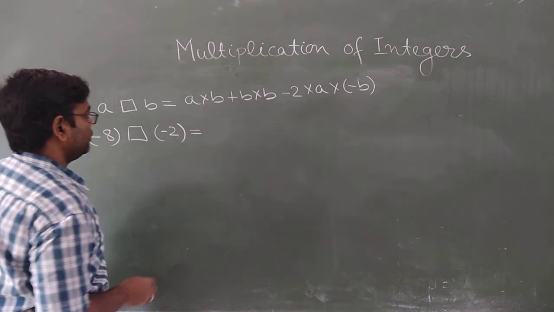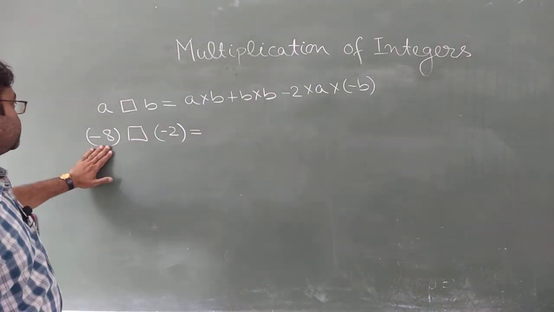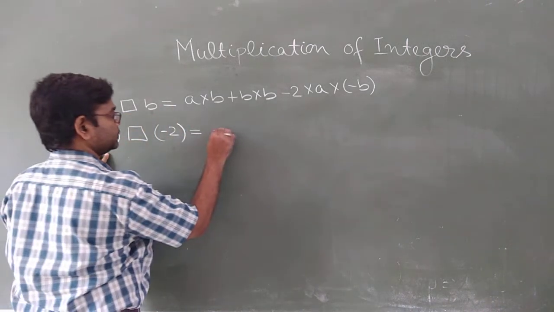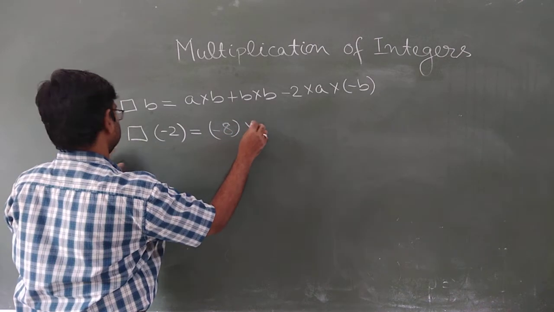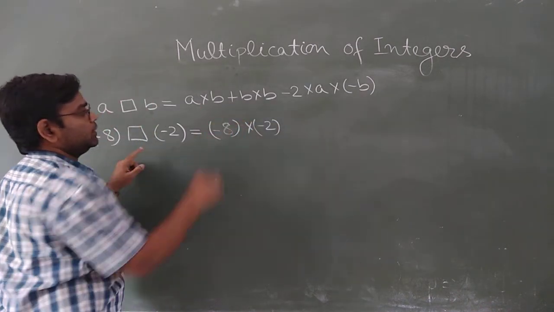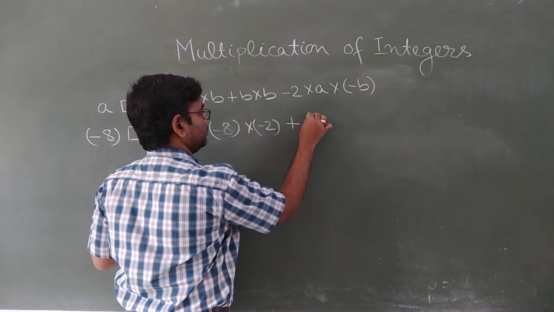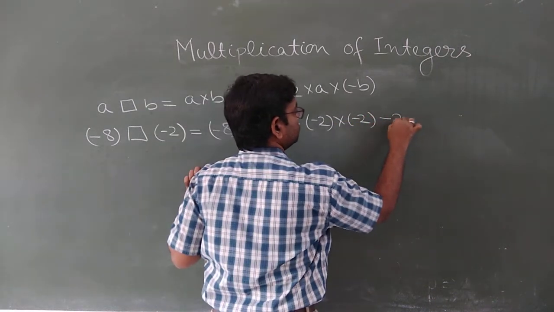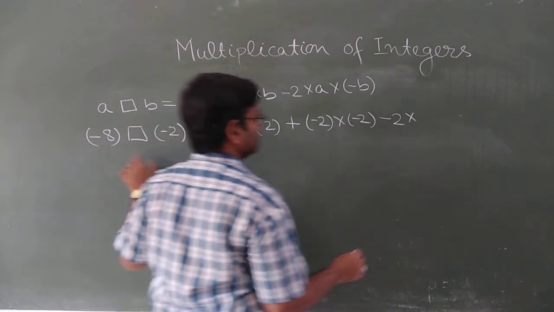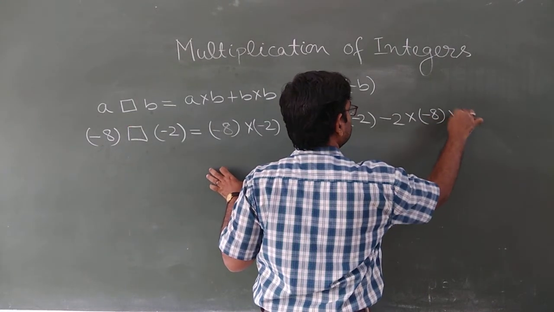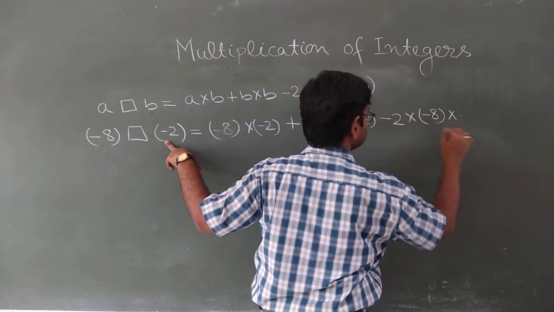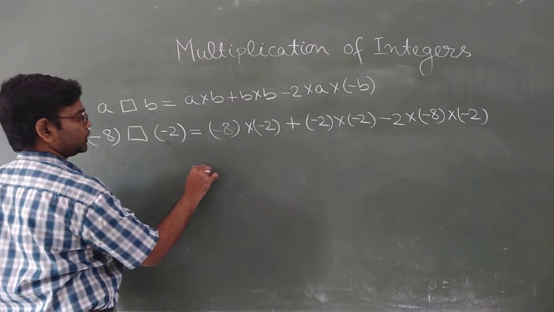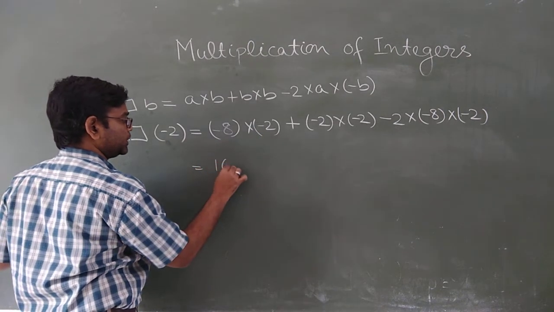Now, how do we find out? Just see. This represents A, this represents B. So in place of A, we can write minus 8 into minus 2. A into B is there. Now plus minus 2 into minus 2 is there. Now minus 2 into what is A? A is minus 8 into minus B. Minus B is minus 2. Now minus 8 into minus 2, it's plus 16.